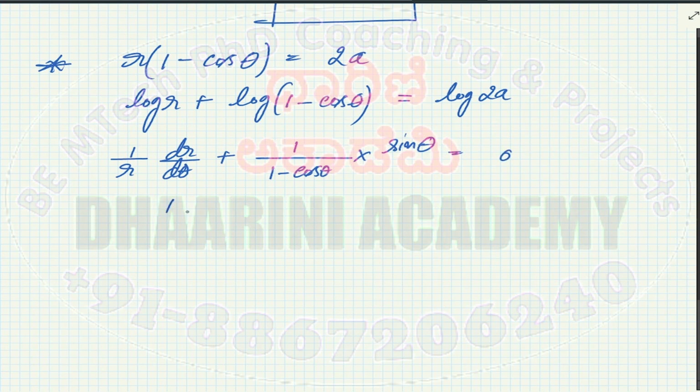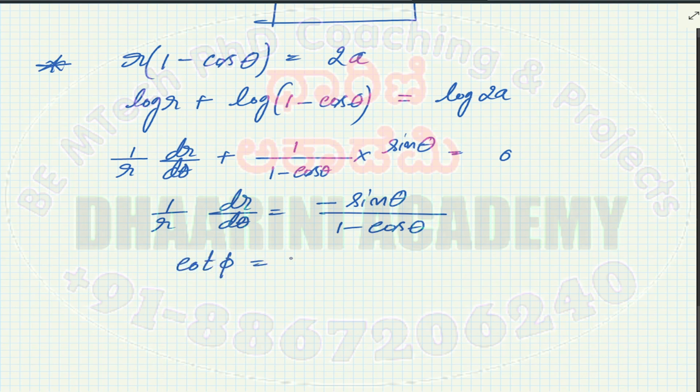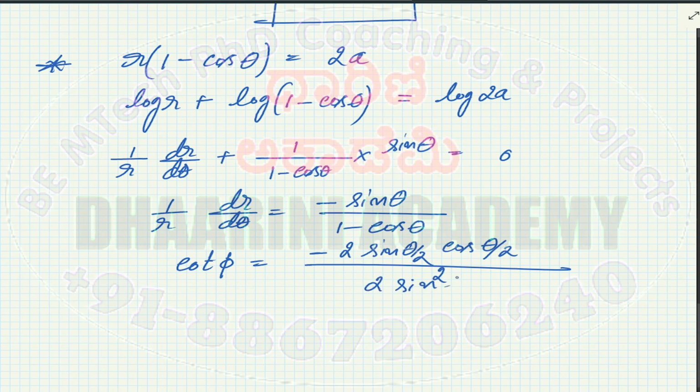So this implies I have 1 by r dr by d theta is equal to minus of sin theta by 1 minus cos theta. Alright, so let us do the substitution. On the left hand side I have this equal to cot phi. Right side I have minus of sin theta, which is 2 times sine of theta by 2 into cos theta by 2, whole divided by 2 into sine square theta by 2, since 1 minus cos theta is 2 sine square theta by 2.